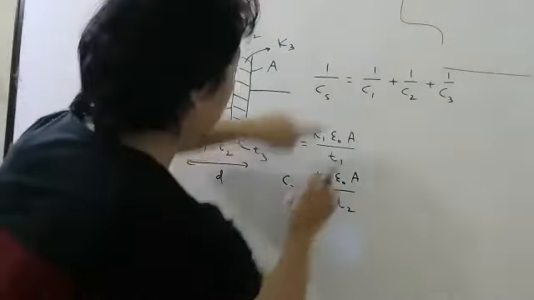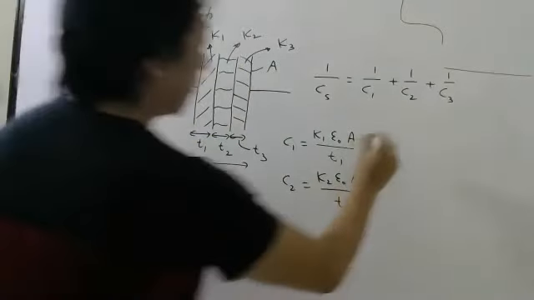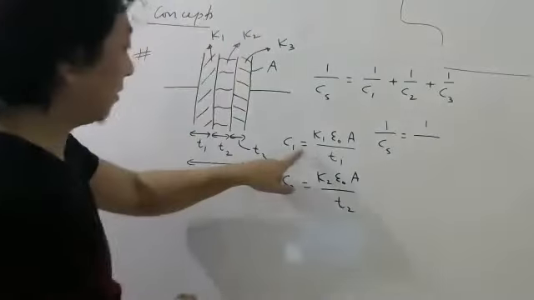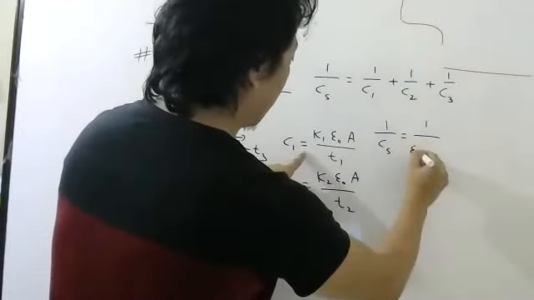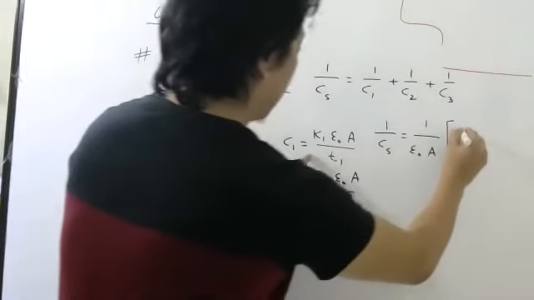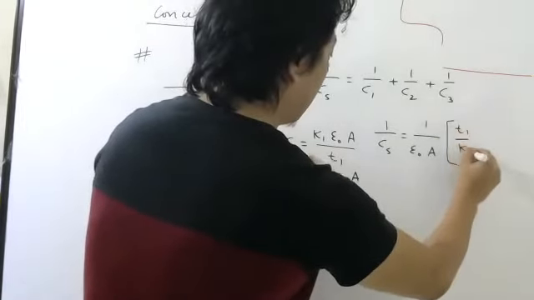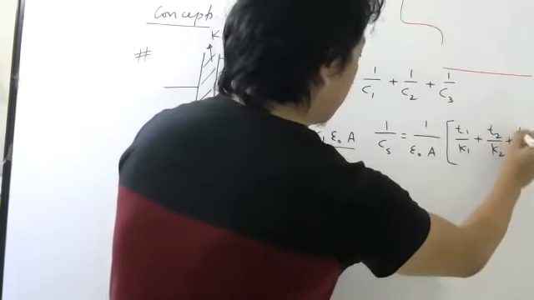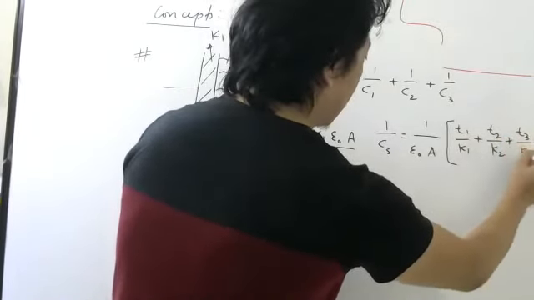Now you substitute these here. So what will be 1 by Cs? I can take epsilon naught A common everywhere, and I can write T1 by K1 plus T2 by K2 plus T3 by K3.